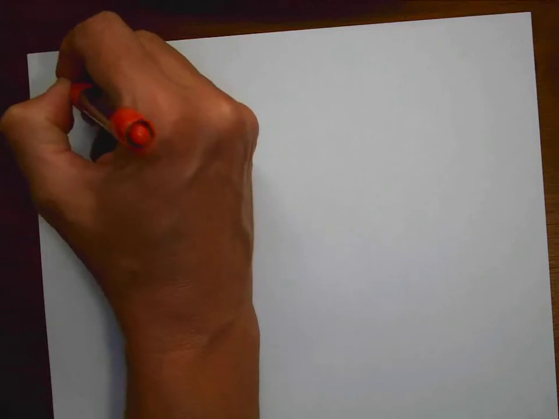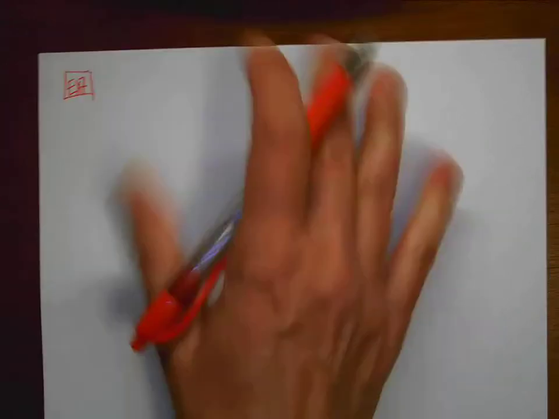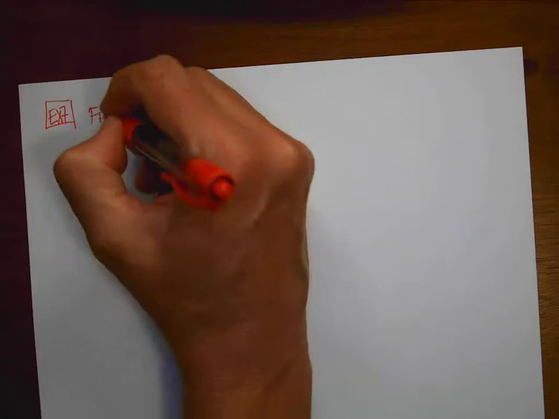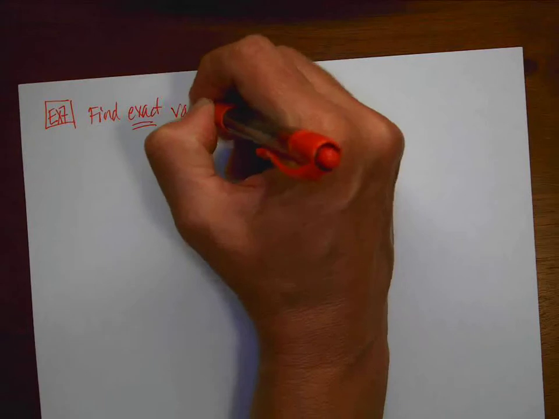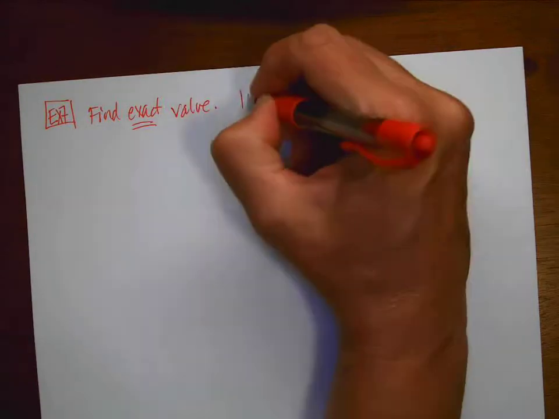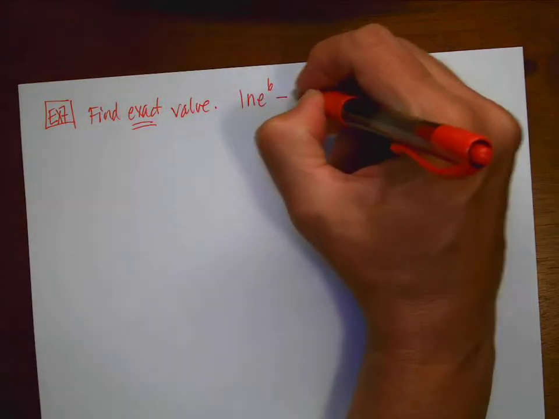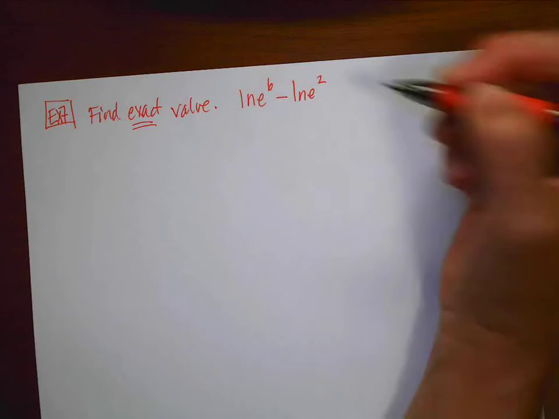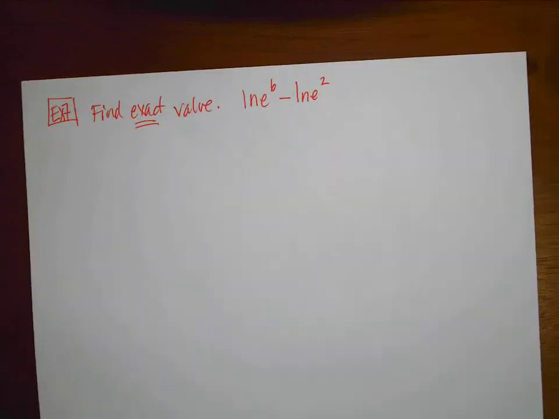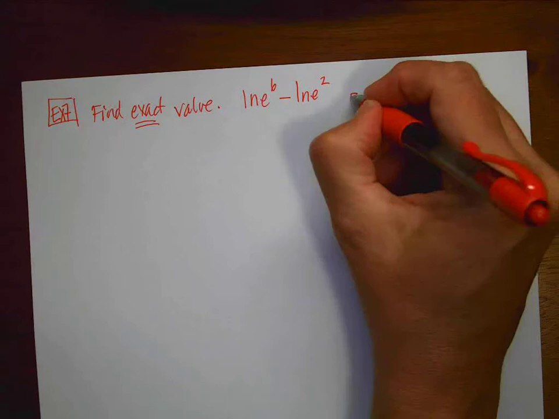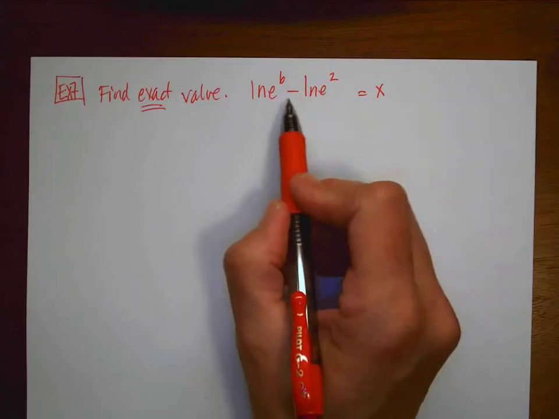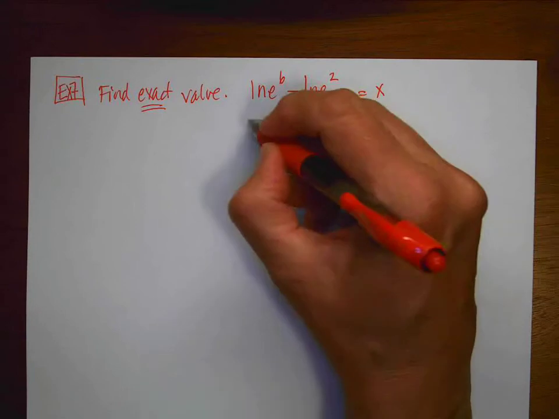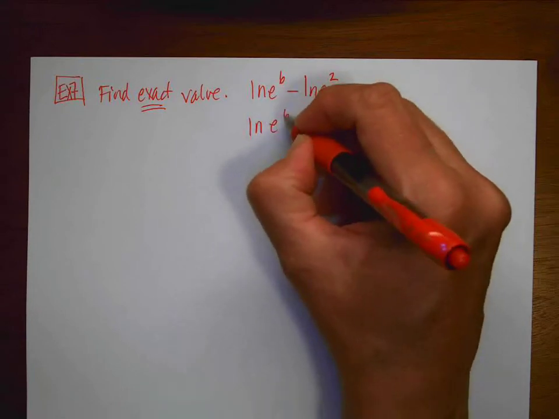Is it the last example? Woo-hoo! Last example. Got excited, I can't write. This one says find the exact value, and I have the natural log of e to the 6th minus the natural log of e to the 2nd. So before I get started, I'm going to put an x in there because that's going to make solving the equation easier, but I'm going to use my properties first.